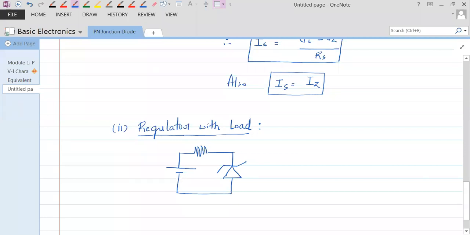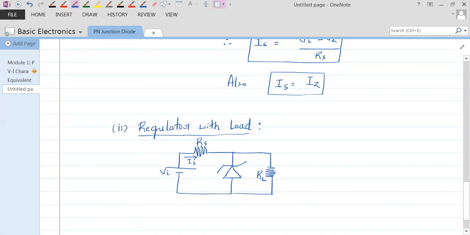Suppose we bring in a resistor, load resistor RL, in parallel with this. See here, this is RL we have brought in. So this is called the load resistor. Since we have connected this RL across the load, we call this a regulator with load, whereas in the previous case it was a regulator with no load.